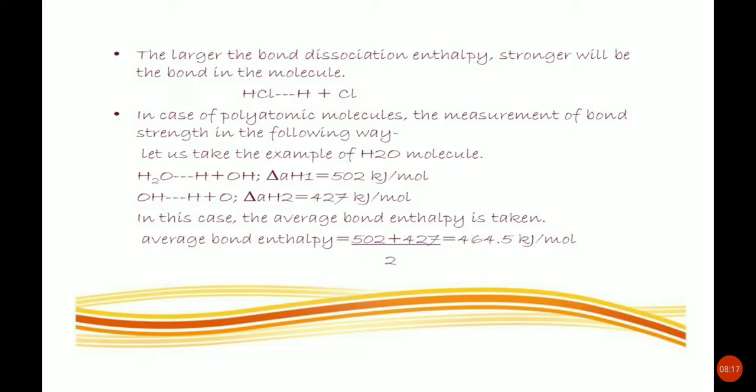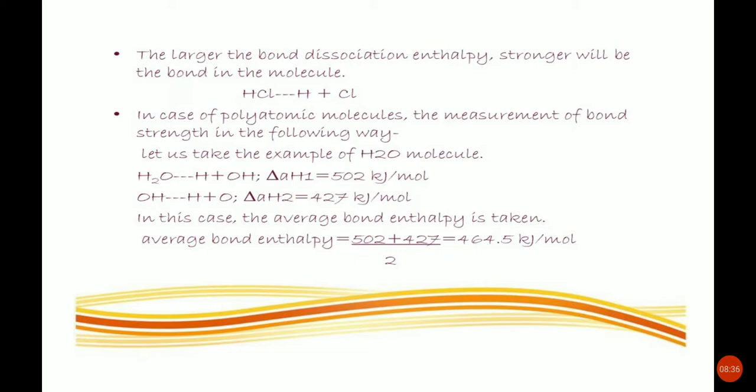So in case of water, we take the average bond enthalpy. The water molecule breaks in two steps. The bonds are broken in two steps, so in this case, average bond enthalpy is taken.